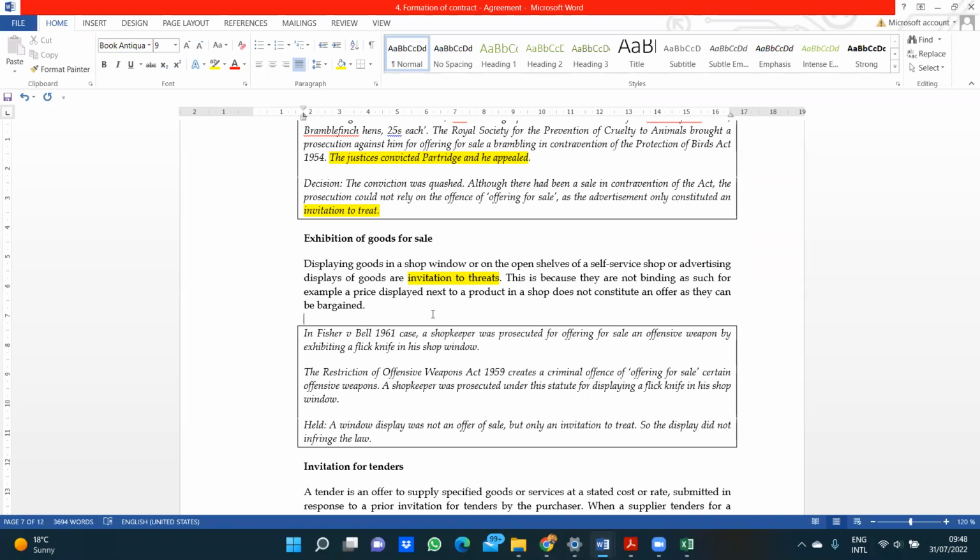This is why exhibition of goods is not an offer, because it can be further bargained.